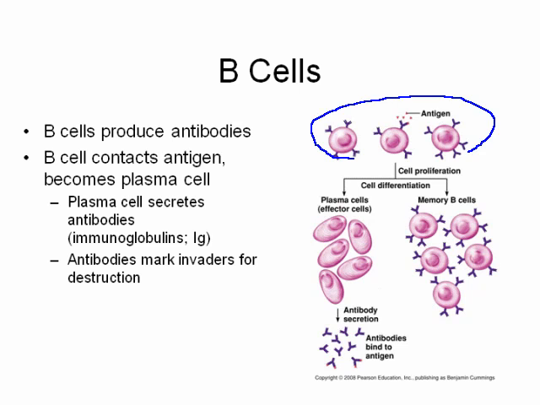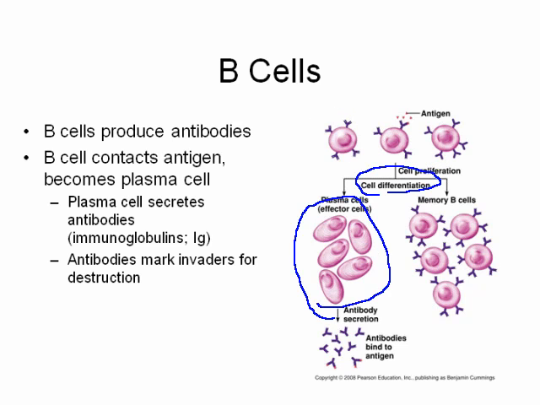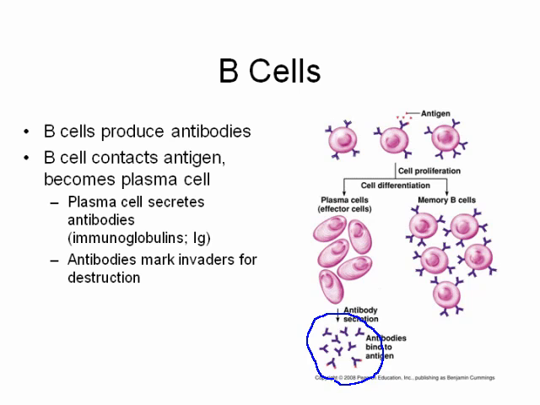And when the B cells detect the presence of these antigens, they increase in number and they differentiate into either plasma cells, which are also called effector cells, because they produce the effect of producing more antibodies, or memory B cells.